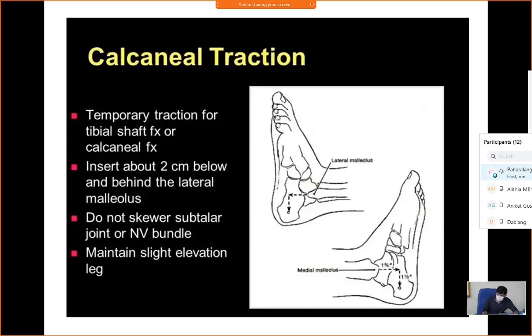You palpate the lateral malleolus, you go 2 centimeters below and 2 centimeters posterior, insert the pin there and give traction. The construct is the same in all the skeletal traction. Only thing is that we put the pin in a different part. This can be used in distal tibial fracture, ankle dislocation, even talus fracture or shaft tibial fracture.